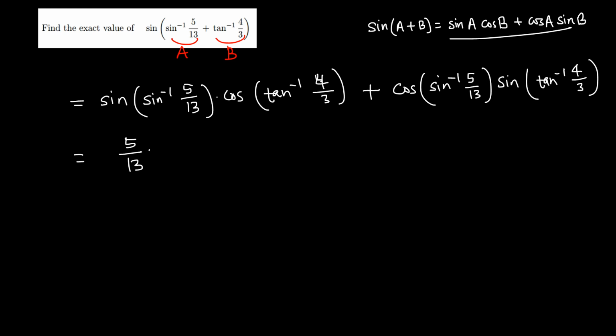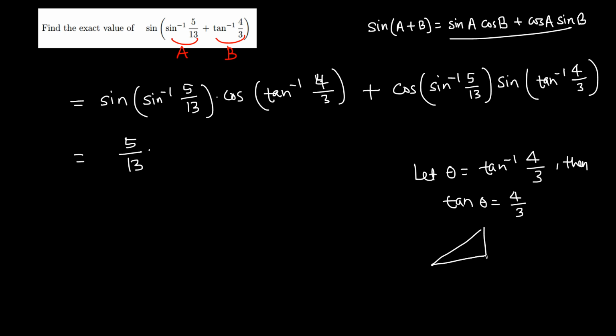So let's draw an angle based on tangent inverse 4 over 3. Let theta be that angle, tangent inverse of 4 over 3. This is the same as tangent theta equals 4/3. Now based on this we can draw a right triangle, obviously in the first quadrant.